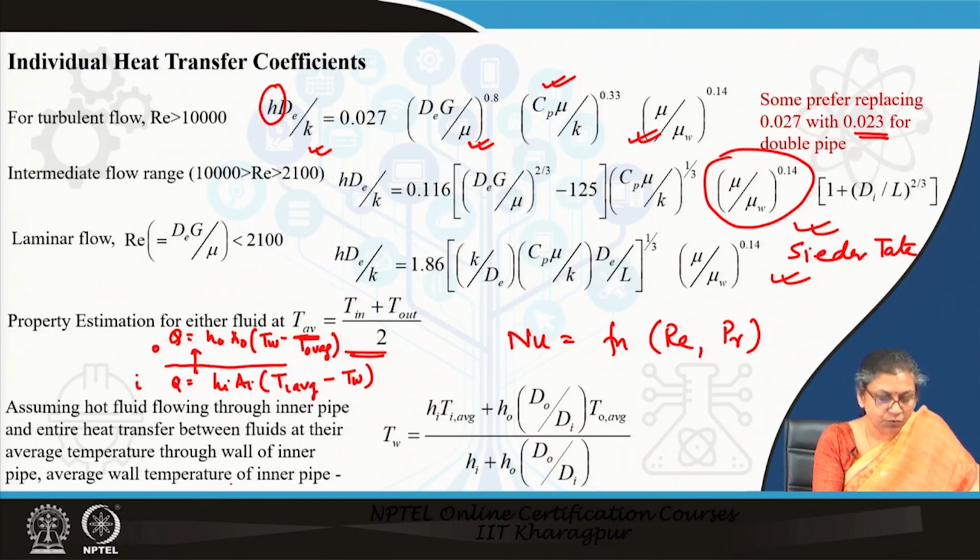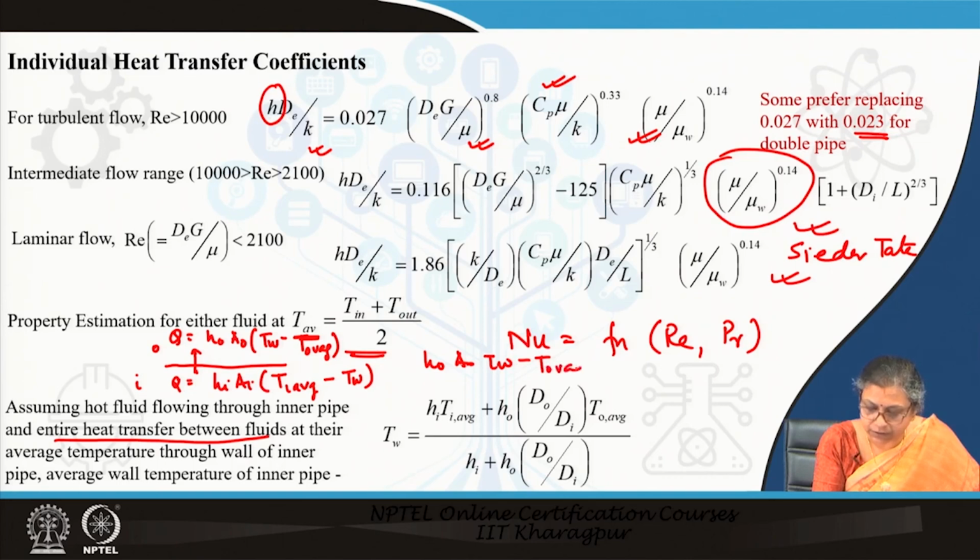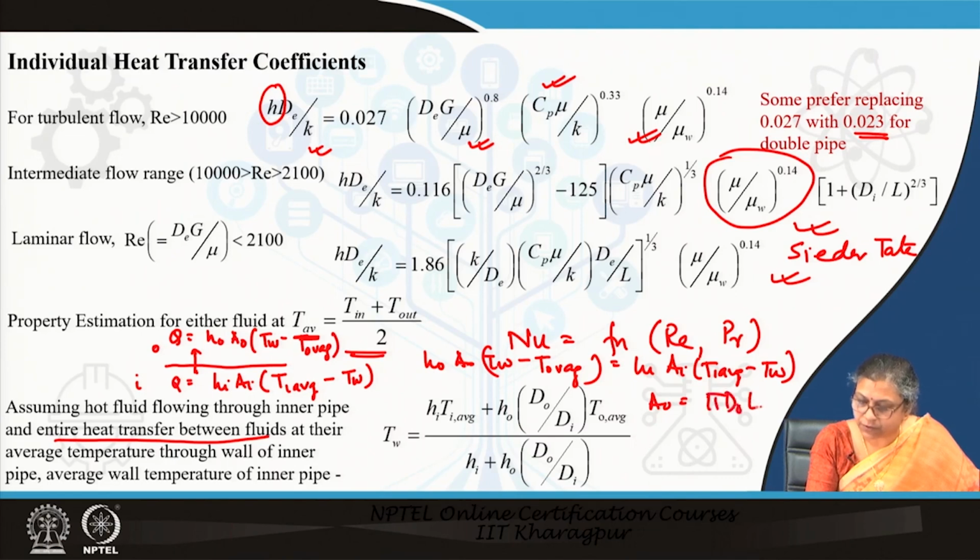We assume that the entire heat is transferred between the fluids at their average temperatures. So, we can equate these two. Once we equate these two, what do we get? We get HO AO times TW minus TO average equal to HI AI times TI average minus TW. And we know how AO and AI are related. AO is equal to pi d0 L, AI equals pi DI L.